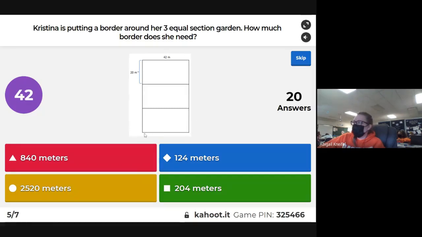Look at this. We're finding a border for around our nice big garden.